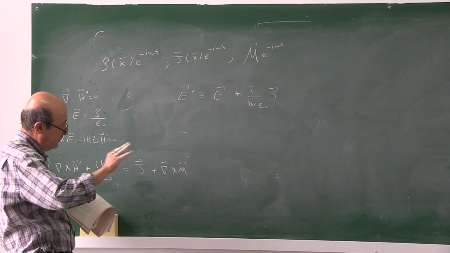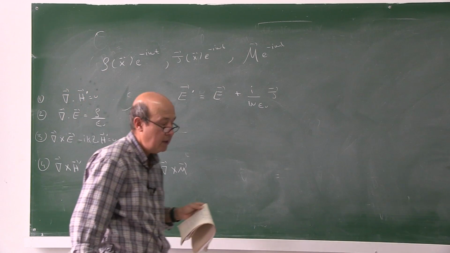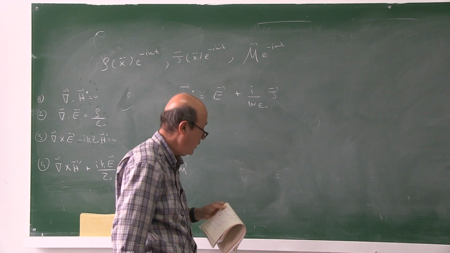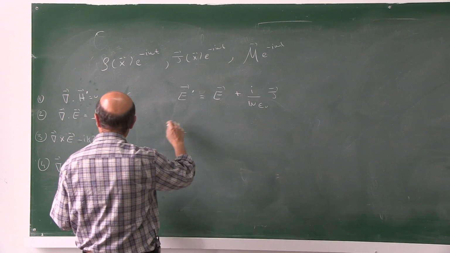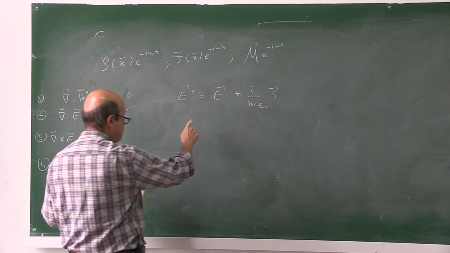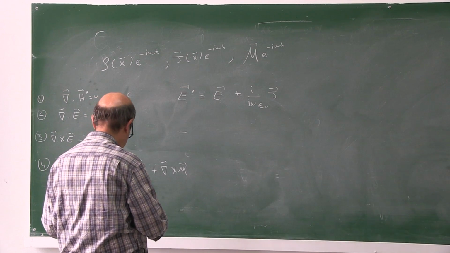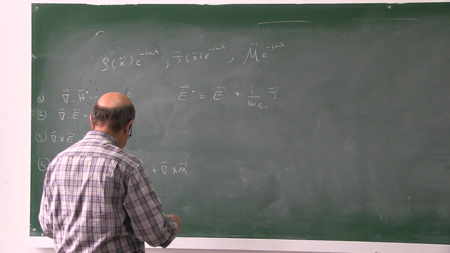If I shift the E field by that amount, I will get very nice things. What I needed here was del dot E prime.